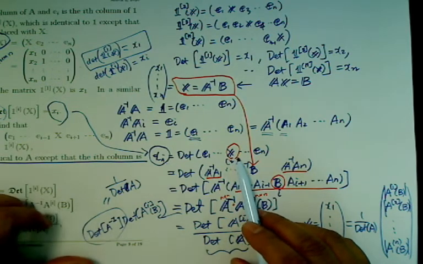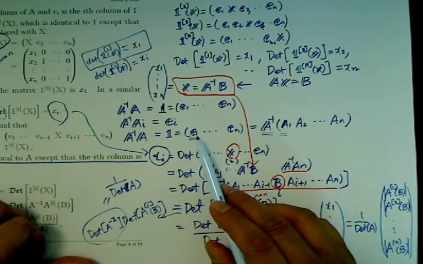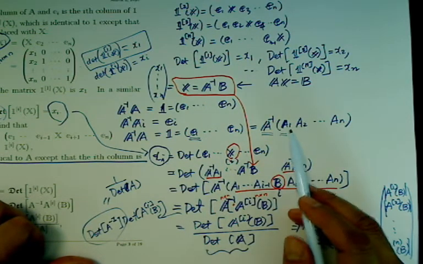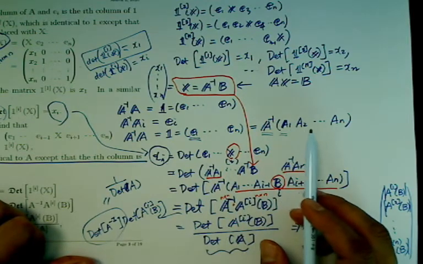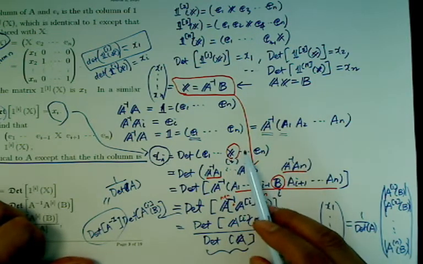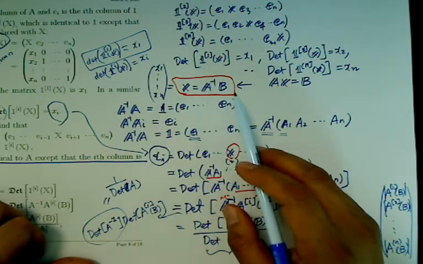Now we substitute everything. E1 is A inverse times A1, E2 is A inverse times A2, and so on. And then x is A inverse times B.